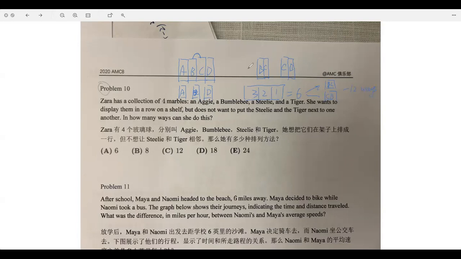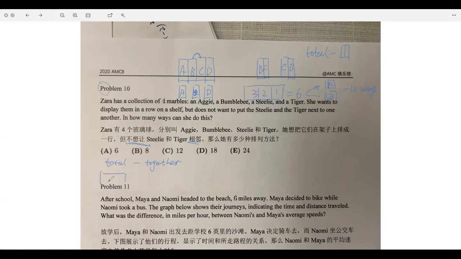Now I don't want to put B and C together. I want to separate them. That's the total minus together, right? So what is total?